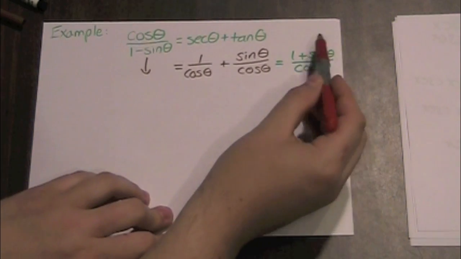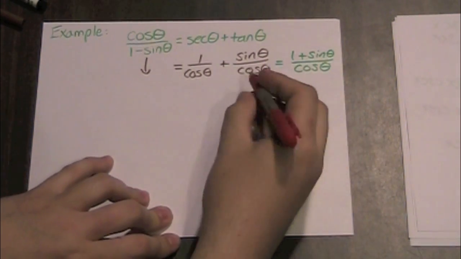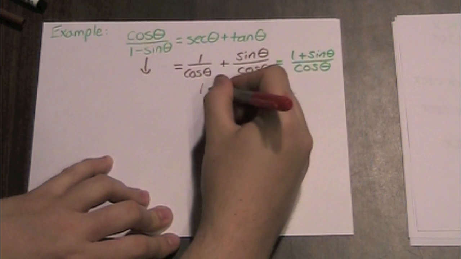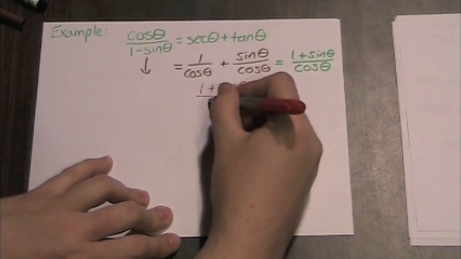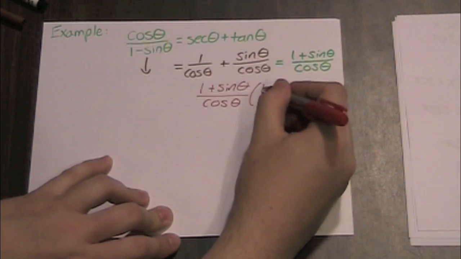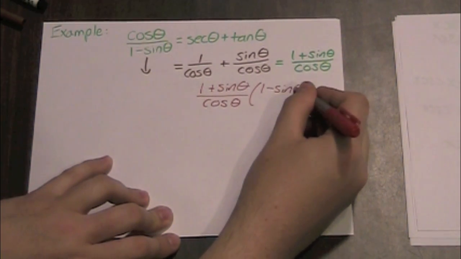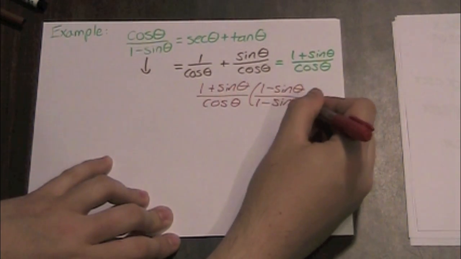So what I'm going to try to do is rewrite this fraction by multiplying by 1. And the one I'm going to choose to multiply is going to be 1 minus sine theta over 1 minus sine theta.